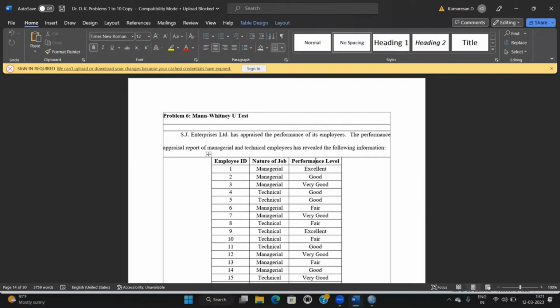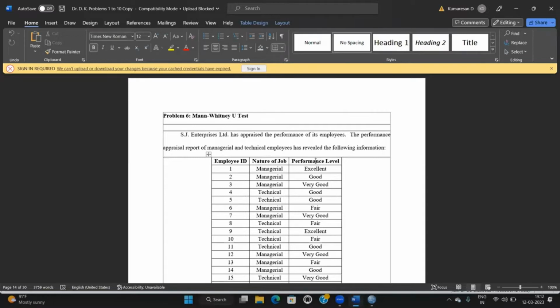Here, it is given as a scale, that is ordinal data: excellent, very good, good, fair, and poor. The performance level is given as grades instead of real values. So that is the difference between the independent samples t-test and the Mann-Whitney U test.